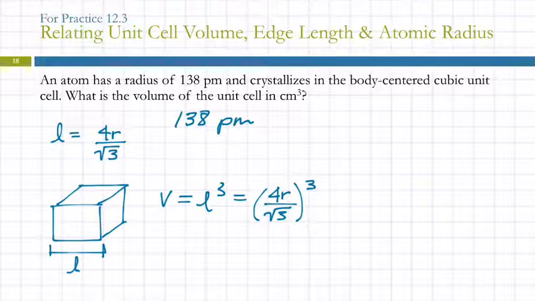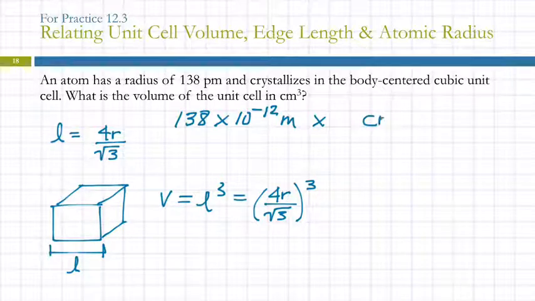picometers. What does pico mean? Times 10 to the minus 12. So instead of pico, I'm going to write times 10 to the minus 12 meters. And then I want to convert that to centimeters. Centimeters on top, meters on the bottom. Then I ask myself, what does centi mean? Centi is 10 to the minus 2.